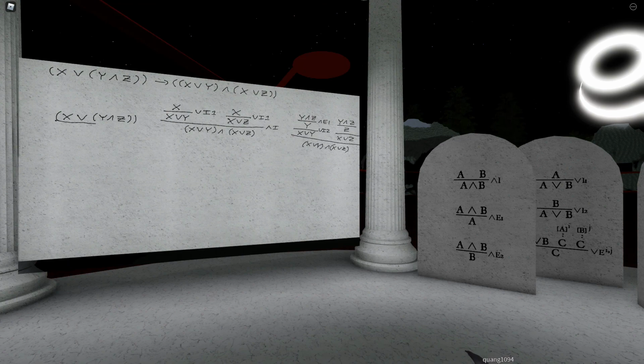And let me put a rule under this. And from the fact that we have x or y and z, and we have a proof of this conclusion x or y and x or z from either case, we can make that conclusion below the line.